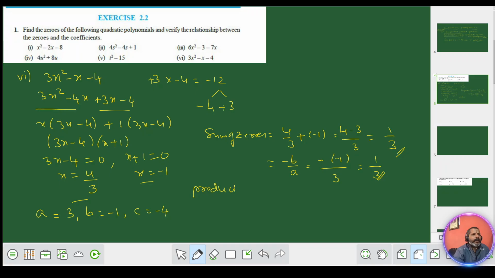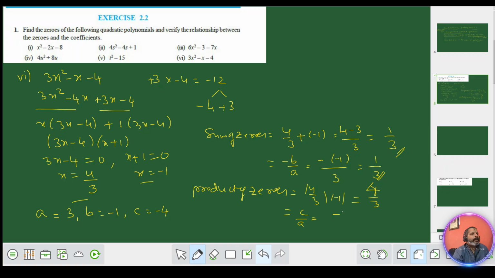Similarly, product of zeros is equal to c by a. What are the values we have? 4 by 3 into minus 1 equals minus 4 by 3. Then this should match with your c by a.